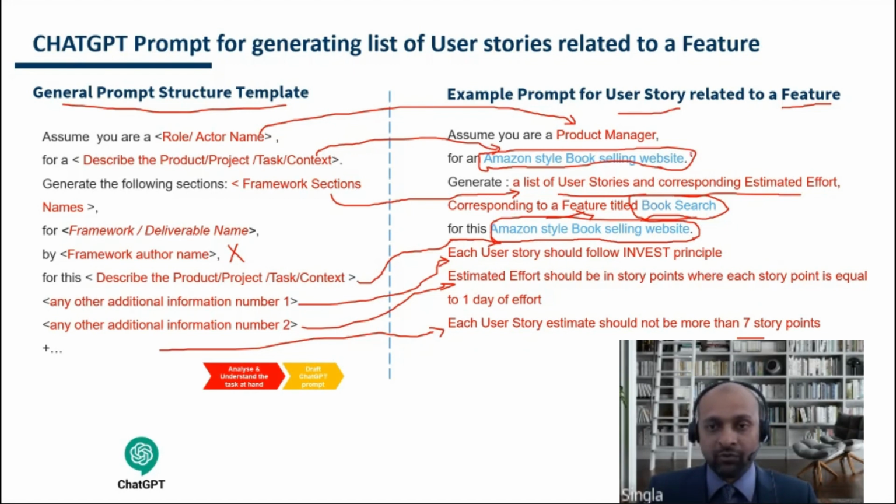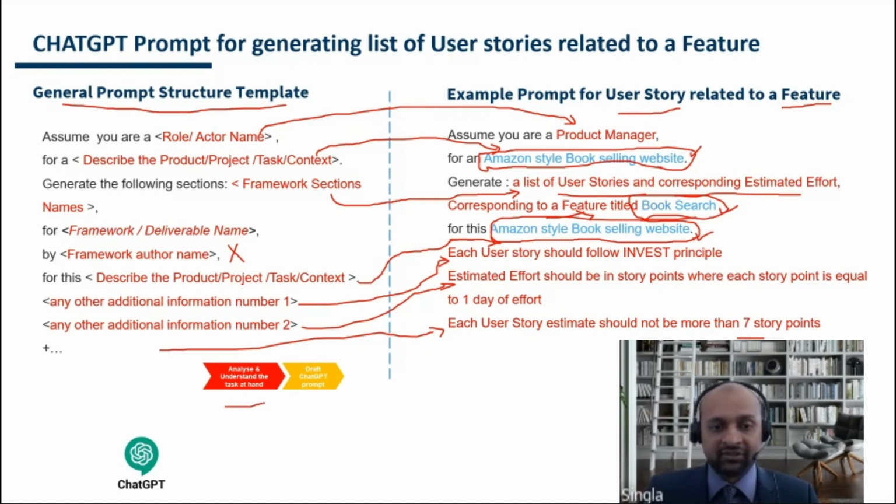So in the blue fonts, you'll explain the context of your project or product or task, and in this one you will name the title of the feature you want ChatGPT to generate stories for, and then you give some additional context of the product here.